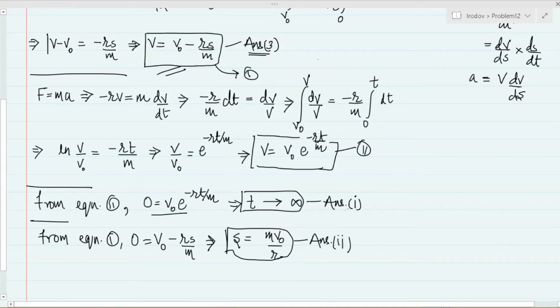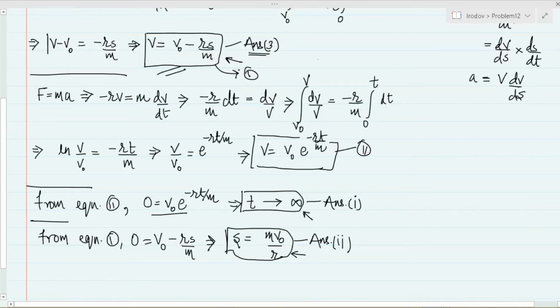So we have answered the first question. We have also answered the distance it travels. We've also shown the velocity as a function of distance.